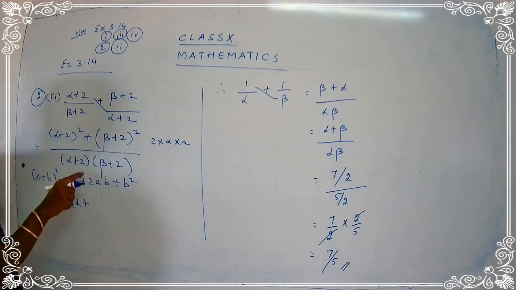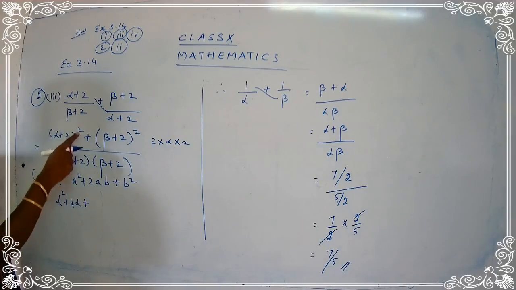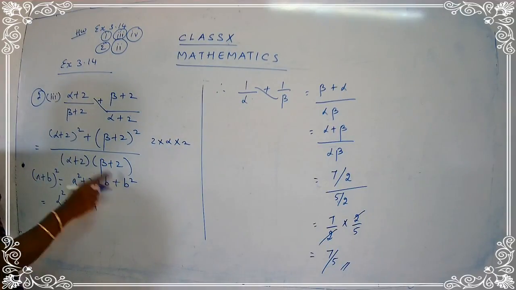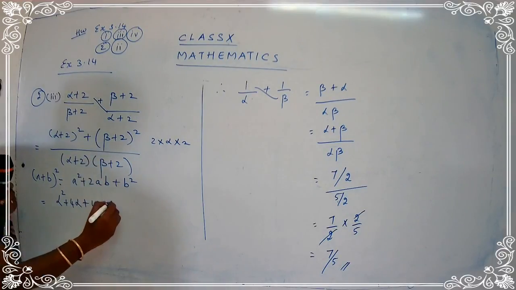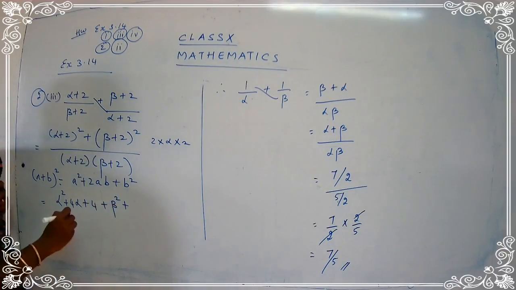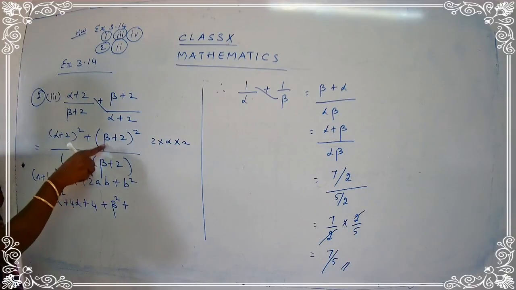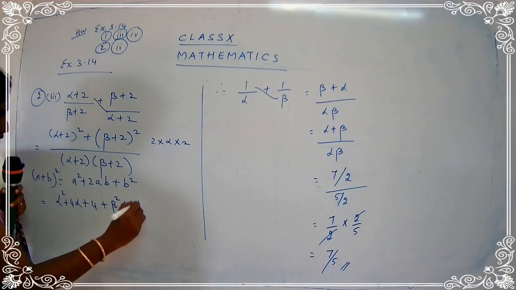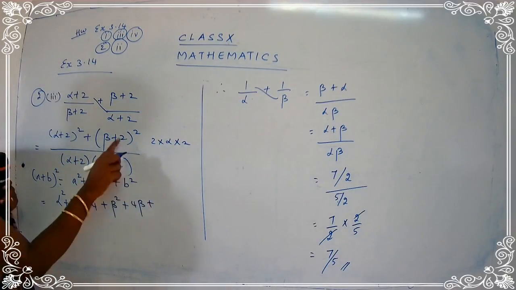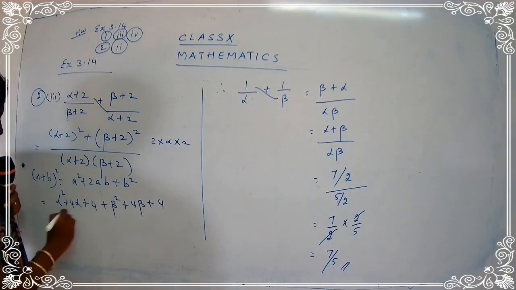Plus, 2 2s are 4, that is b square is 4. Plus beta square plus 2 into beta into 2, 4 beta. 2 into 2, 4.